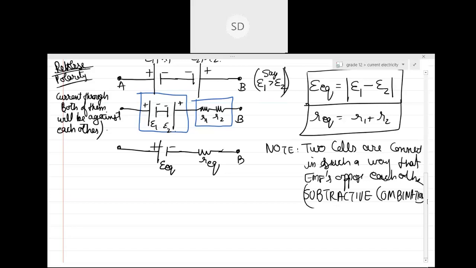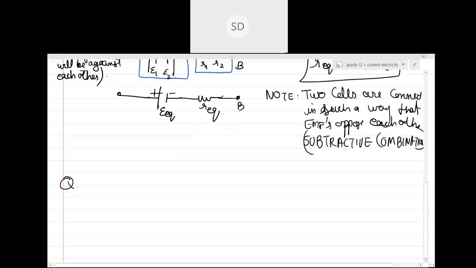Guys, have you noticed this particular thing? Suppose I have 4 cells, 4 identical cells, connected like this combination.